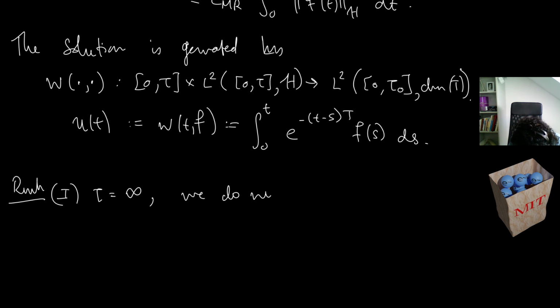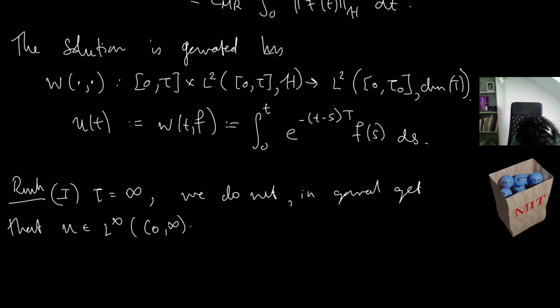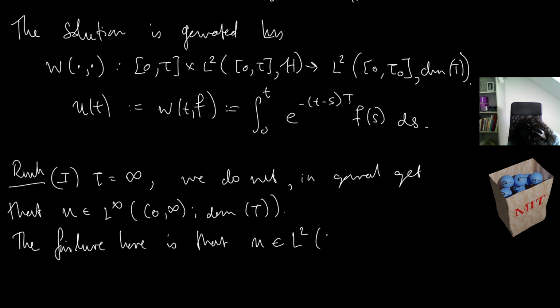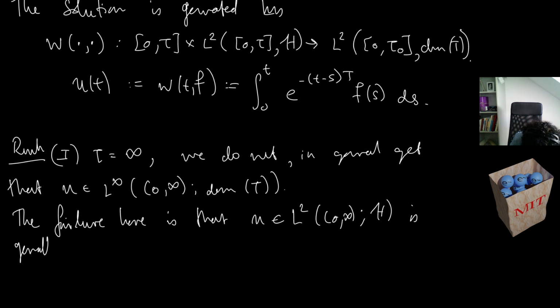We do not, in general, get that U is in L2 0 to infinity dom T. So the failure here is that U in L2 0 to infinity H is generally not true.